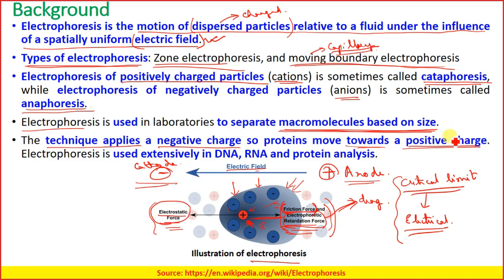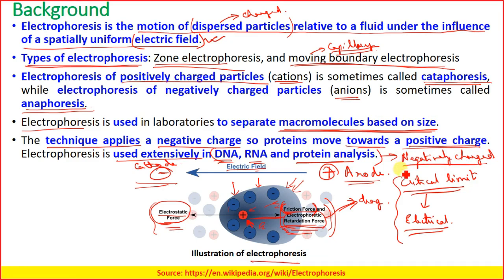That means in our body, the nucleic acids and proteins, electrophoresis is extensively used in DNA, RNA and protein analysis. So what happens over here? These DNA, RNA and proteins are usually negatively charged ions. They are negatively charged. Okay.